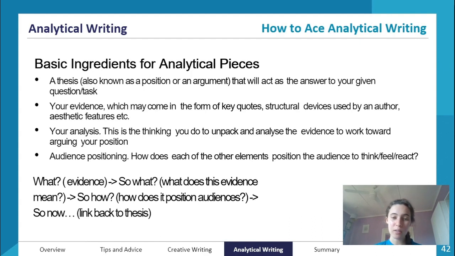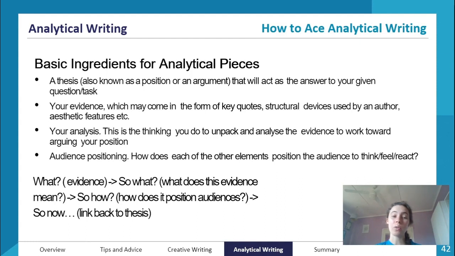Your evidence, which may come in the form of quotes, structural devices used by an author, aesthetic features, those sorts of things. All the strategies that they use to communicate meaning. Then your analysis of those things. You're unpacking things to actually look at what they mean, why it's relevant to what you're arguing.